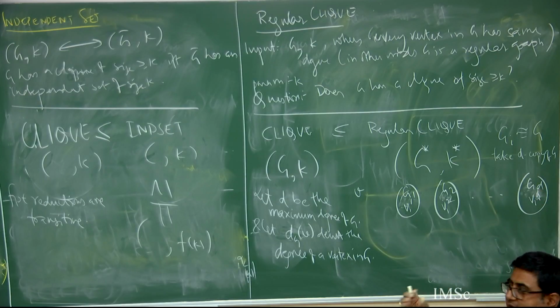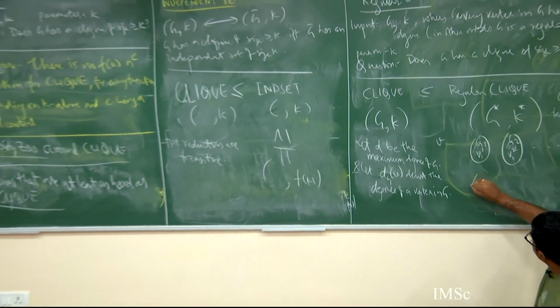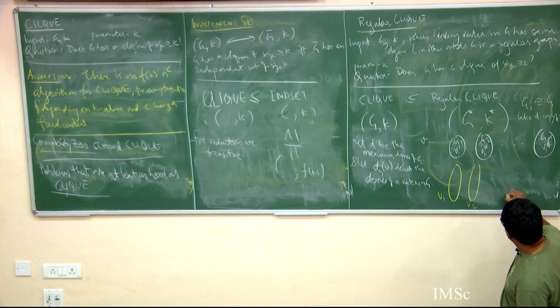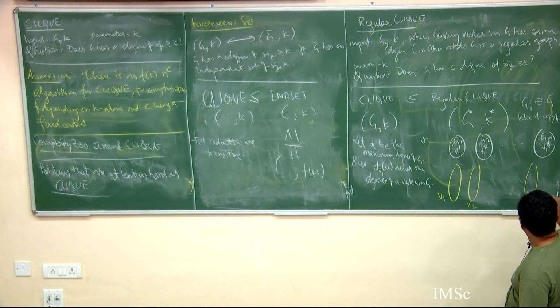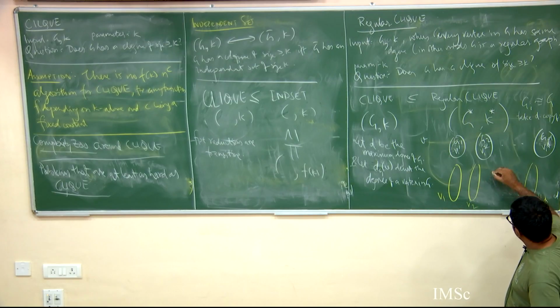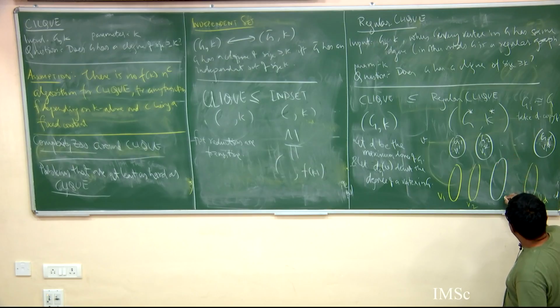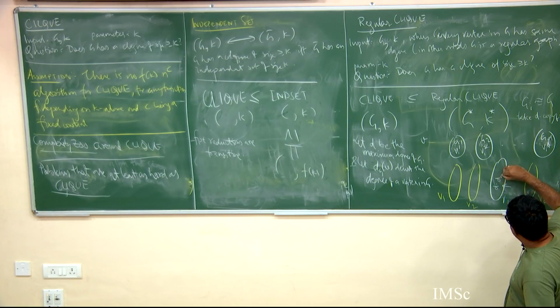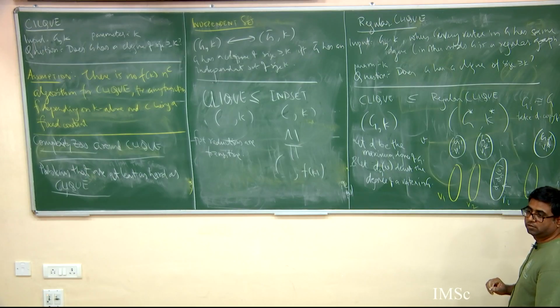So every vertex has one copy each in these. Now I'm going to make a new vertex set V_1, V_2, ..., V_n corresponding to every vertex. And how many vertices will V_i have? It will have D minus d_G(v_i) vertices, and this is an independent set.